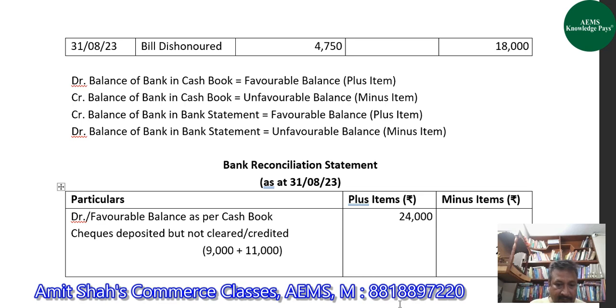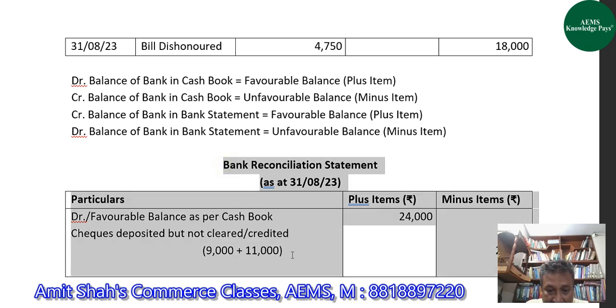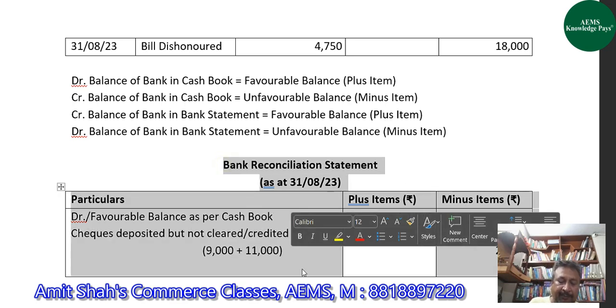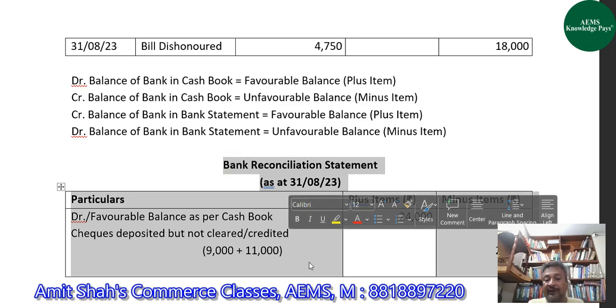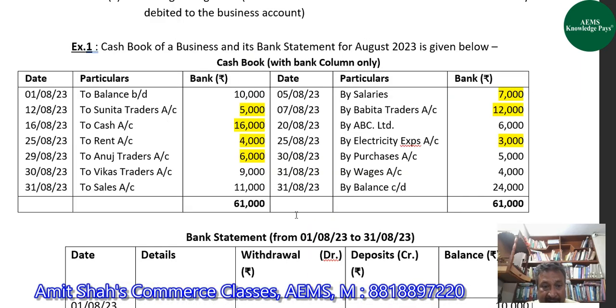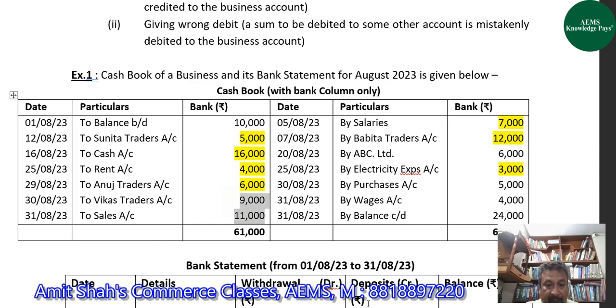Sir, the 20,000 is our income, so can we do it in the plus item? No, no. We are not doing anything in our ledger or in our books of accounts at all. Understand this, guys. BRS is an entirely different statement. It has nothing to do with the journal, cash book or ledger. We are not increasing or decreasing income anywhere. Income we have already increased here. We debited our bank column, that is the cash book, and credited Vikas Traders and the sales account.